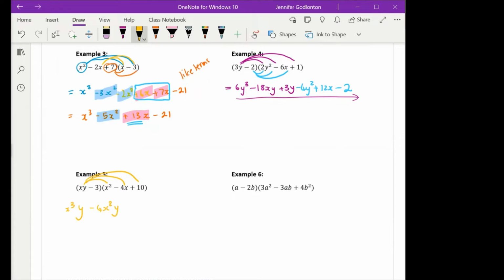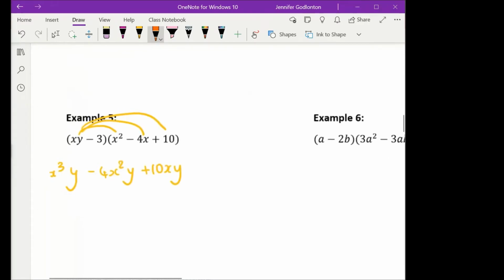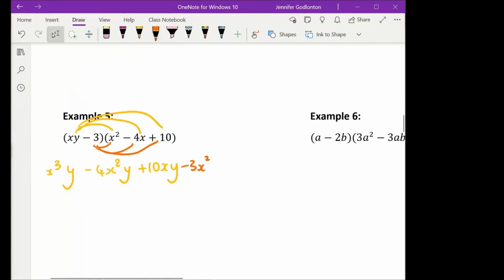Plus 10xy. Then we move on to the next one. Then we have minus 3x squared, sorry, squared. And then positive 12x. Then we have minus 30. Good. Do I have any like terms? No, ma'am, that's my answer. Nice job.